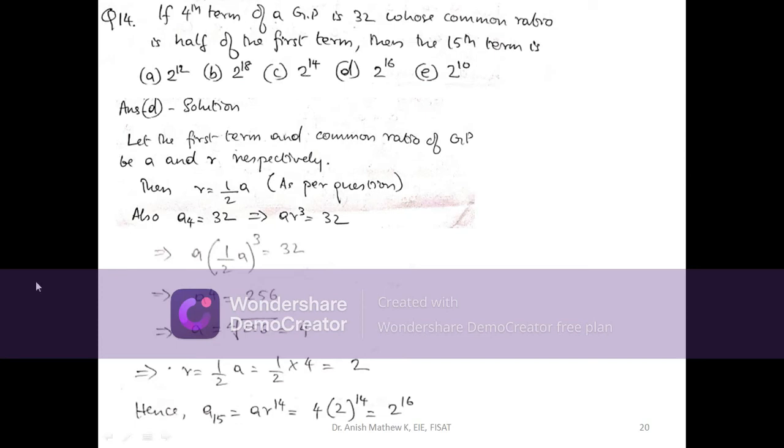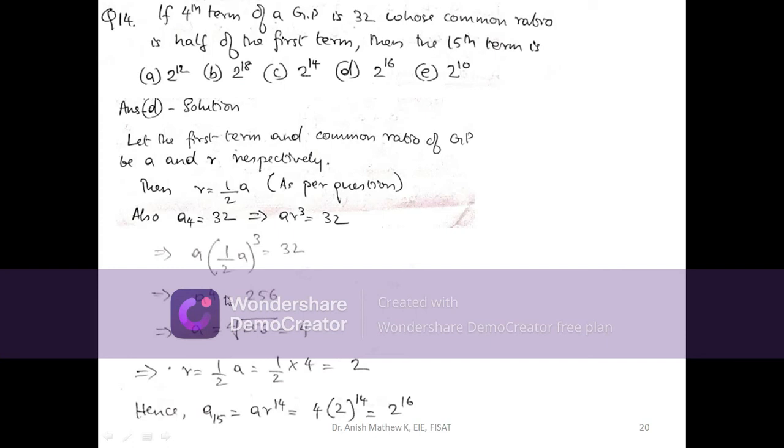Substituting for r, we get a into a by 2 whole cube equals 32.